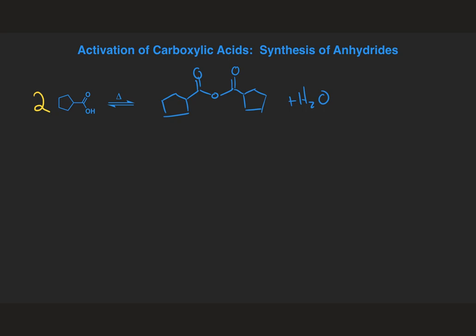If I want to favor the anhydride, if I want to produce this product in good yields, one way to do that, or to perturb the equilibrium, is to come up with a way to remove water.